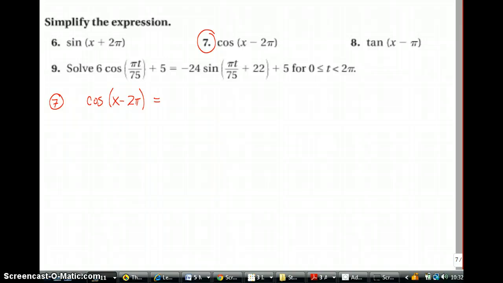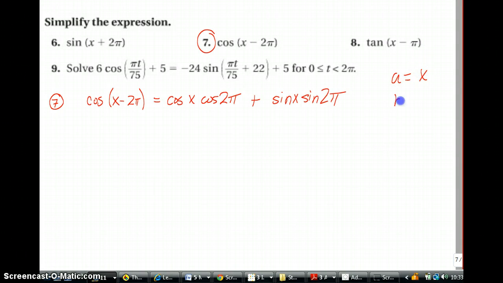Let's now take a look at number 7, the cosine of x minus 2 pi. We will use the cosine difference formula, so we will have that substitution initially, given those values of a and b, namely a is x and b here is 2 pi.